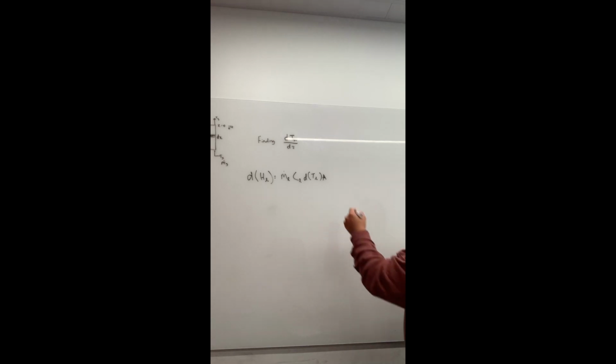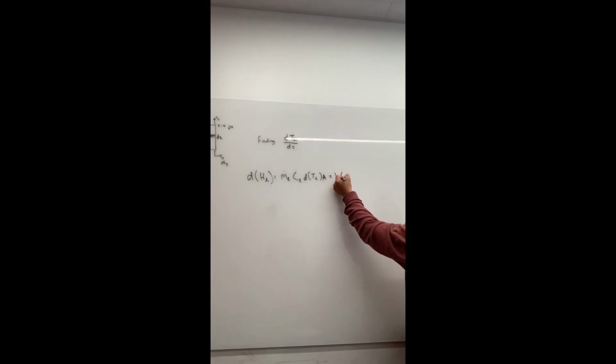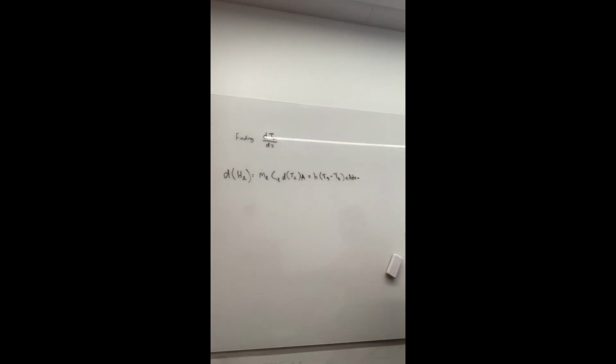We're going to set that equal to our coefficient, and then that is going to be multiplied by the difference in temperature from the gas to the liquid. And that whole thing is going to be multiplied by the area, and that's going to be multiplied by the volume. So now we're going to subtract, hope you can see that.